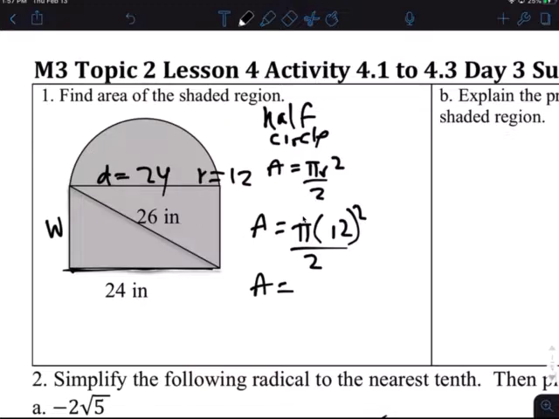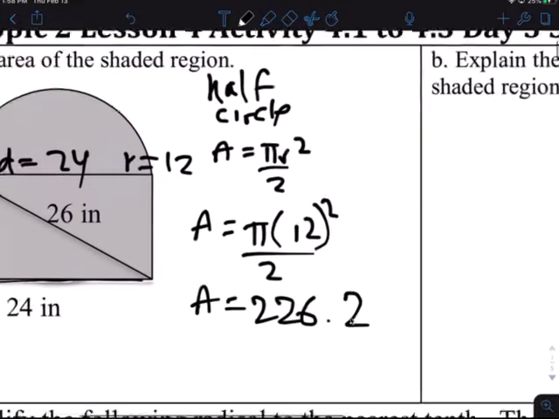Use your calculator. You should have a calculator. Pi times 12 squared divided by 2, you get 226.2. It's 226.19. It turns the 1 into a 2 because the number afterward is a 9.